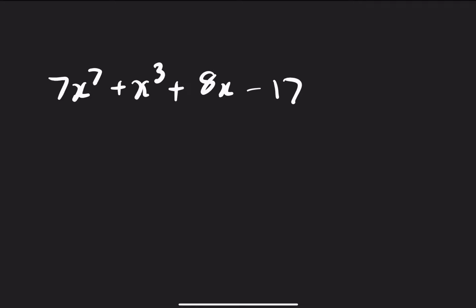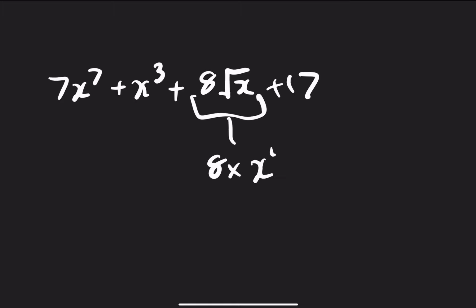Similarly, something like this is not a polynomial, because we have this term over here, and that's the same as 8 times x to the power of a half. Anything square rooted is just that to the power of a half. A half is not an integer, so therefore this is not a polynomial.